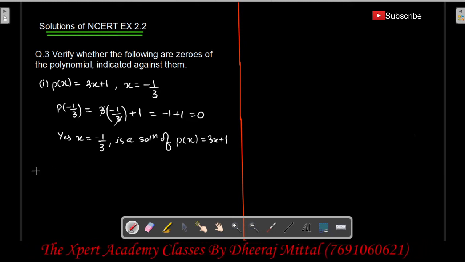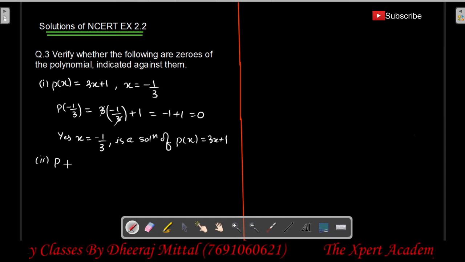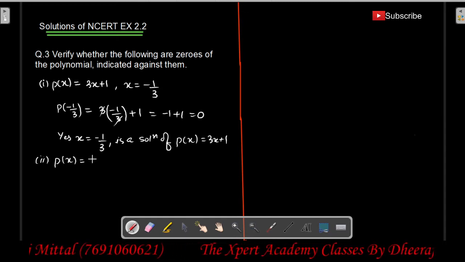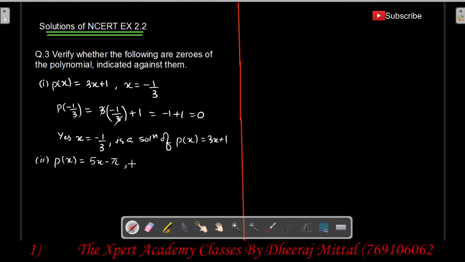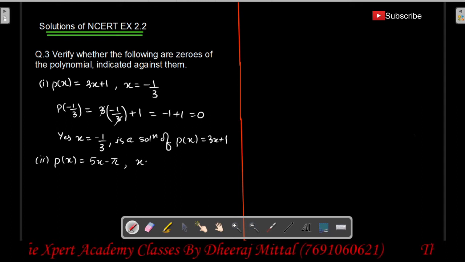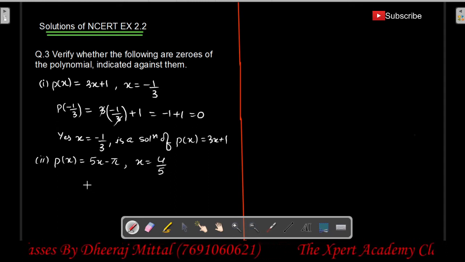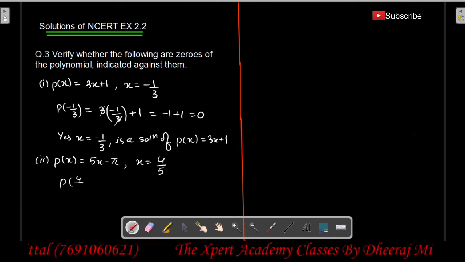Similarly, second part, p(x) is equal to 5x minus pi at x is equal to 4 divided by 5. So now we will put x is equal to 4 divided by 5.